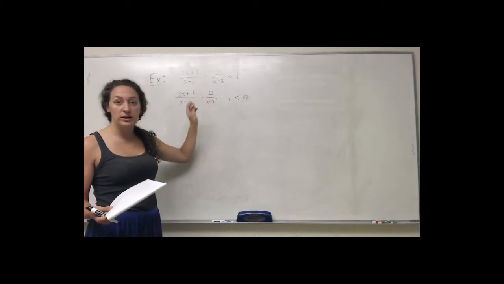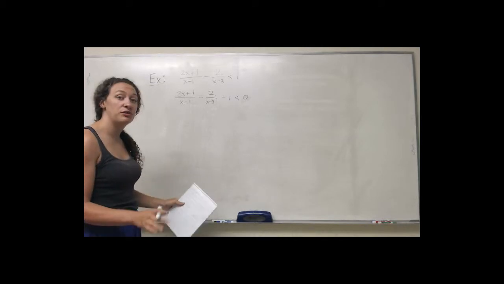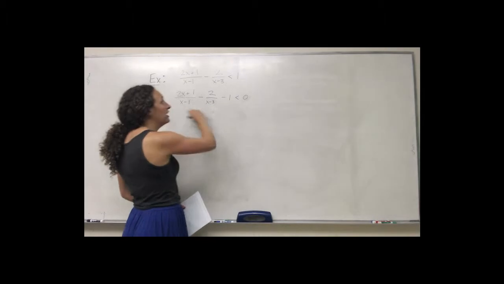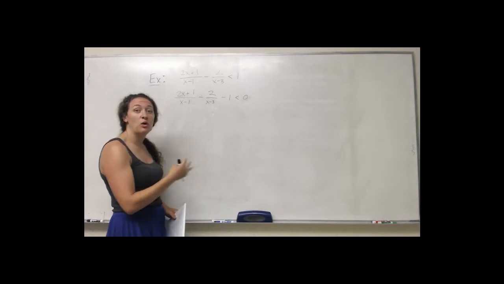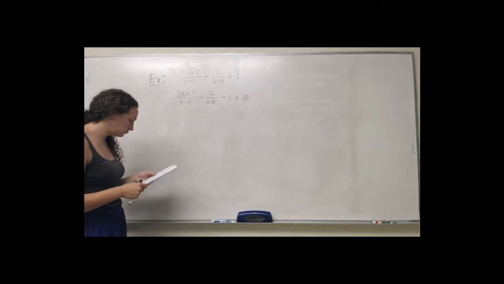So I wouldn't know which way to switch the direction of the inequality. Just remember that with inequalities, you can't multiply through by the denominator because we don't know how that switches the direction of the inequality.